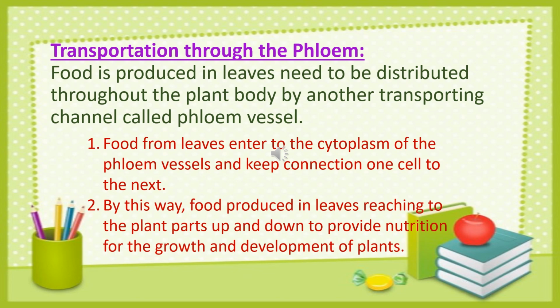Phloem vessels are living vessels, and they have cytoplasm, but there is no nucleus, and they keep connection from one cell to another. After entering the phloem vessels, the food reaches one cell after another, and by this way food produced in leaves reaches the plant parts up and down to provide nutrition for the growth and development of plants.